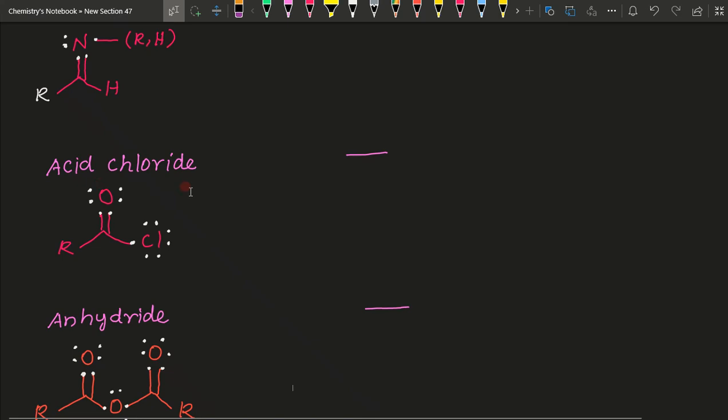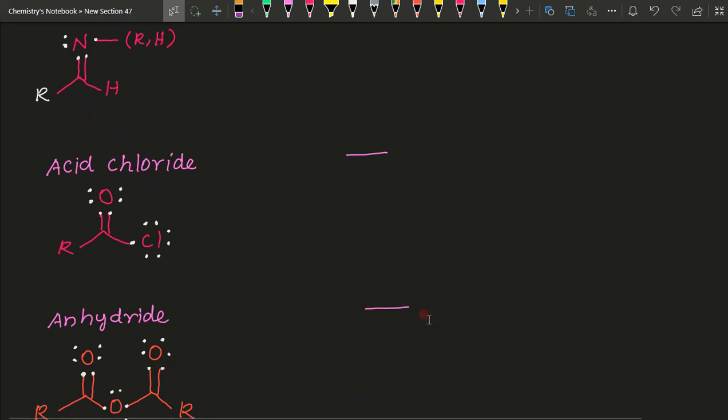This is called acid chloride. If we put Br, it is called acid bromide. If we put I, it is called acid iodide. Here there is no substituent name.